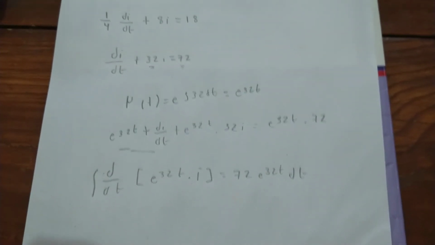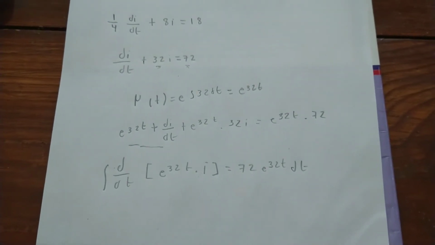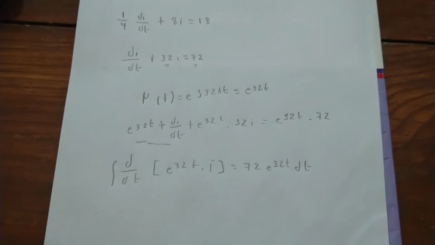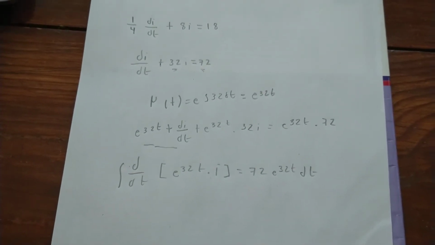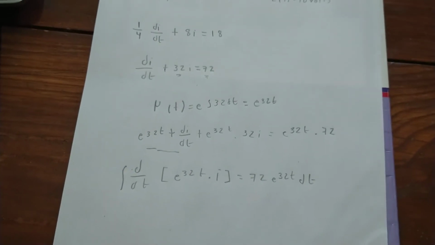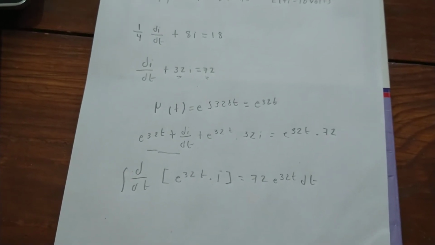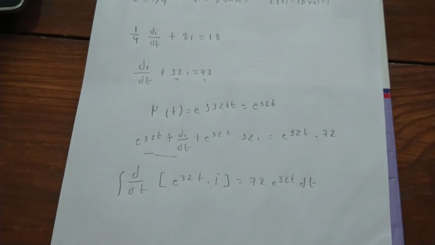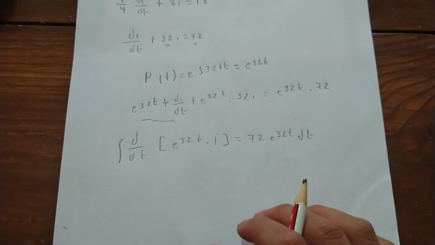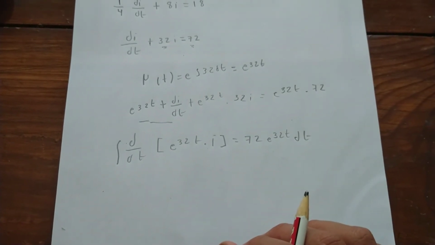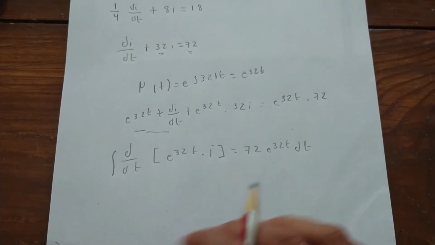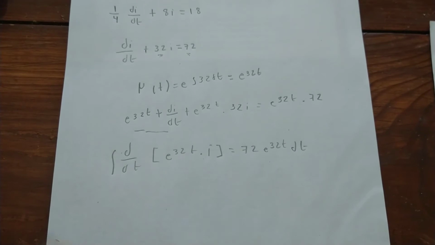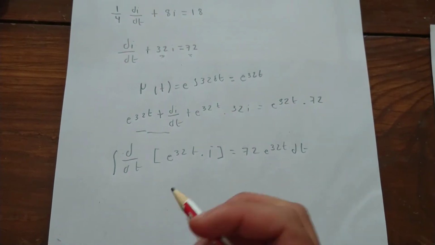So now we can integrate the left side with respect to t and the right side with respect to t. On the left side the integration and derivative cancel each other, leaving us with e to the power of 32t times i.